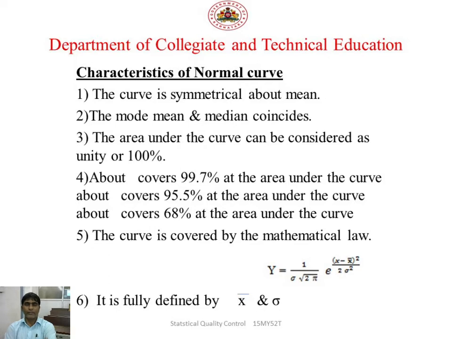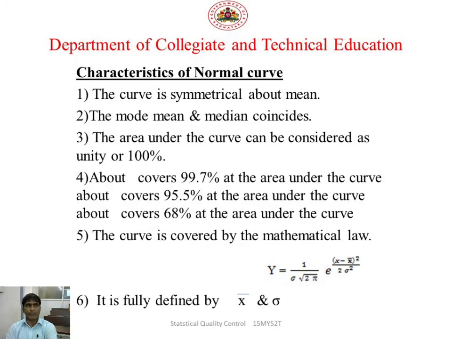Next, in the normal curve the mean, median and mode coincide. The next characteristic is that the area under the normal curve is considered as unity, or 100%. In terms of fractions, it is 1, unity.